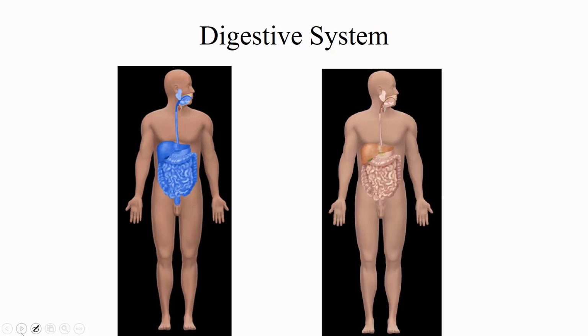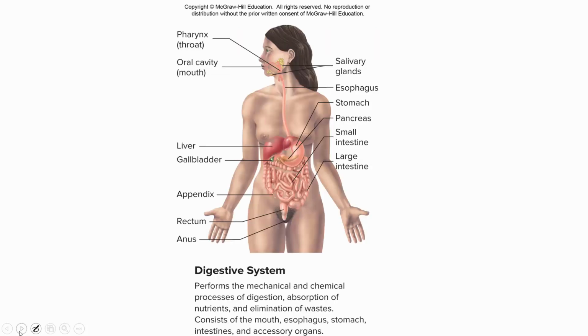The digestive system, again, you're somewhat familiar with this already. It's going to perform the mechanical and chemical processes of digestion, absorption, and elimination of waste. So digestion is just breaking things down. Once you break those nutrients down, though, you still have to get them into your body. When I say into your body, I mean into your blood.